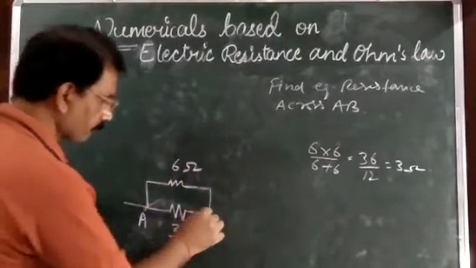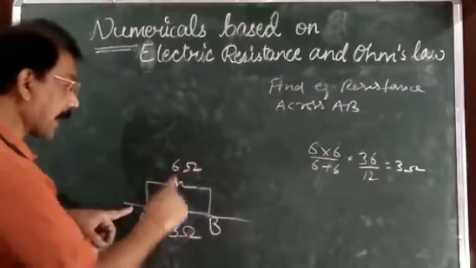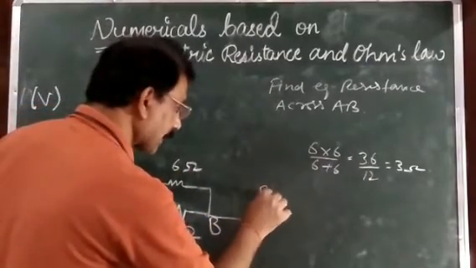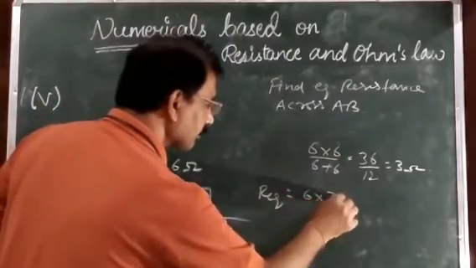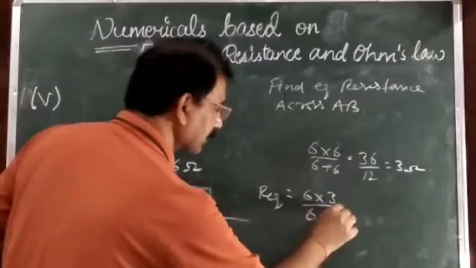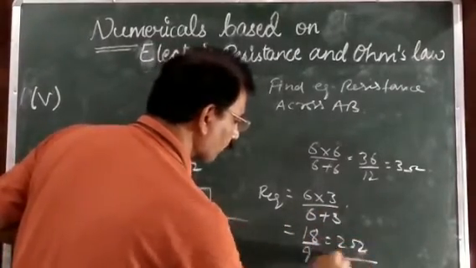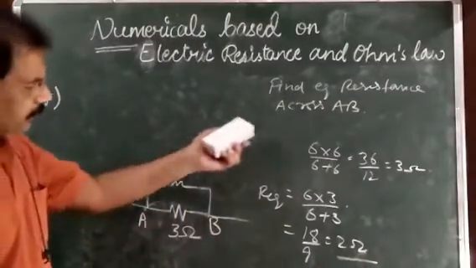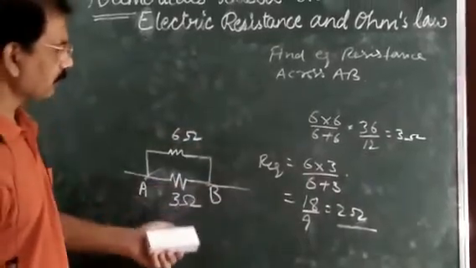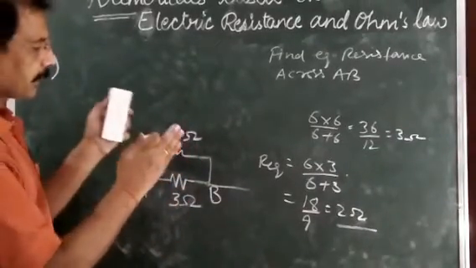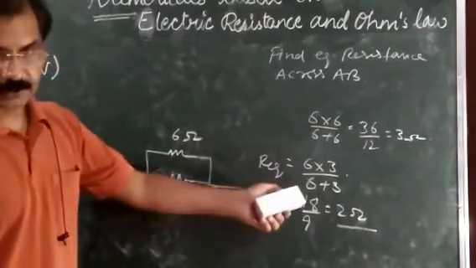And now between AB, these two resistors are in parallel and their equivalent is 6 into 3 upon 6 plus 3, and now you will get here 18 upon 9. So sometimes easily you can solve any resistors problem which is given like this one by taking resultant of any two resistors with the third one, and finally you can solve it like this.